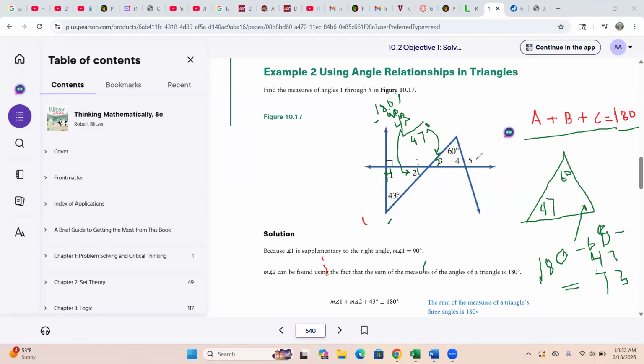So how to get 5? Now I'm going to use angle 4, which is supplementary. Their sum is 180, 4 and 5 total to 180. So I need to take away 73 from 180, and we'll be done. That will be 107, and that'd be the answer.